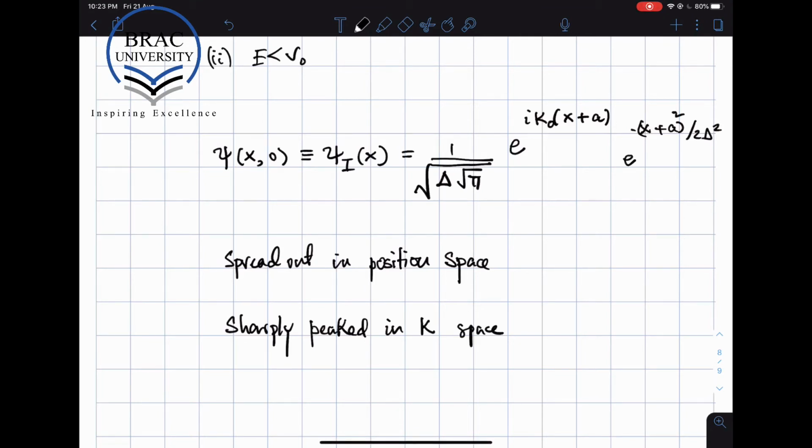Its average momentum is around h bar k naught, and we're going to assume that it is very sharply peaked. So this means that it's actually very spread out in position space.